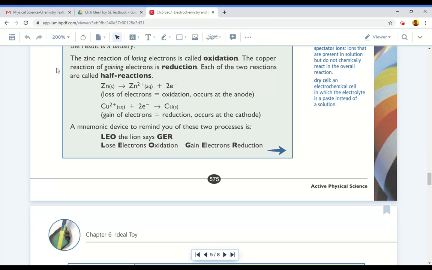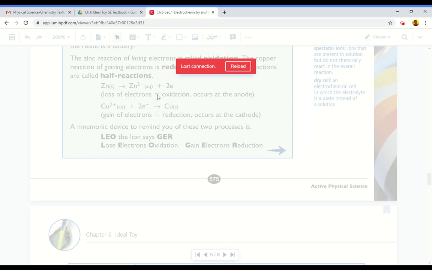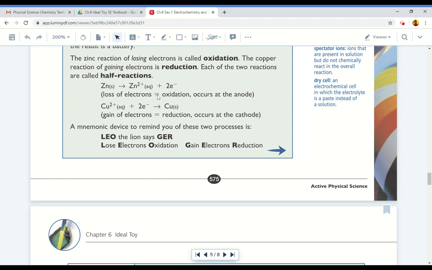The zinc reaction of losing electrons is called oxidation. The copper reaction of gaining electrons is reduction. Each of the two reactions is called a half reaction. Loss of electrons equals oxidation, which occurs at the anode.